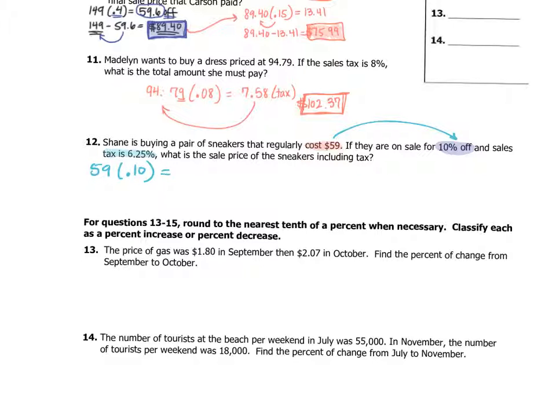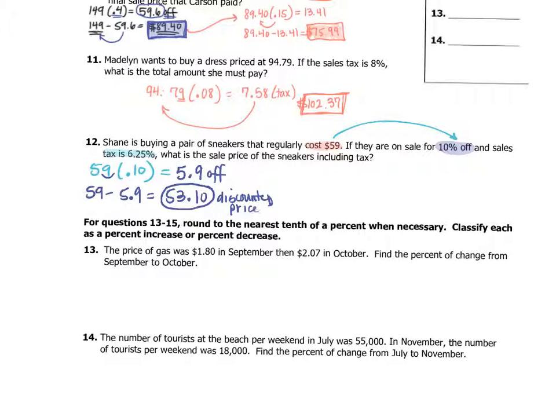Well, we already know the 10% trick. So that's 5.9 off. So let's take 5.9 off of $59. So 59 minus 5.9, that's $53.10. So that's the discounted price or the sale price.